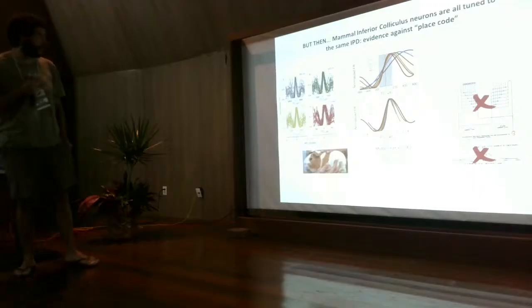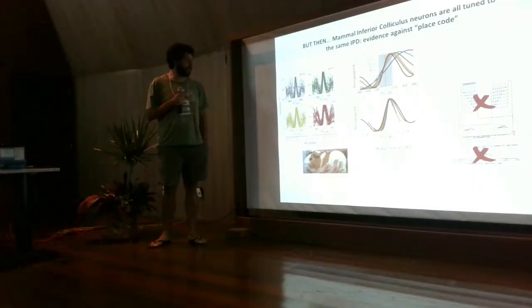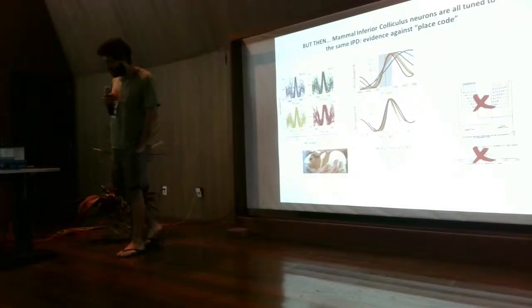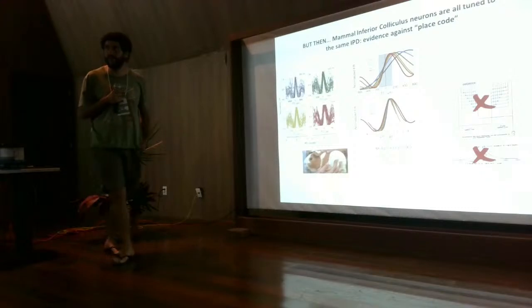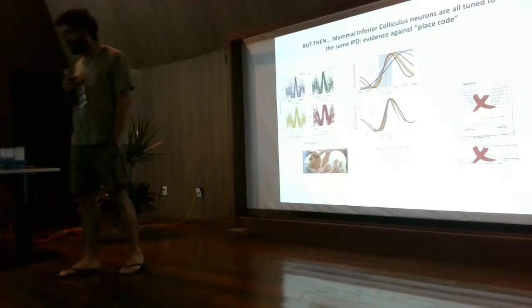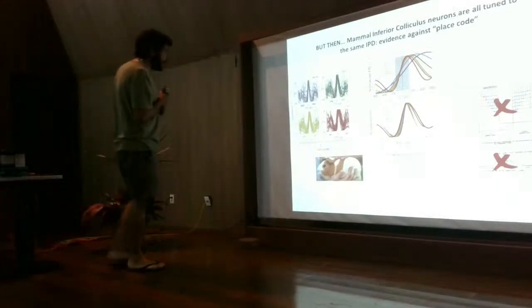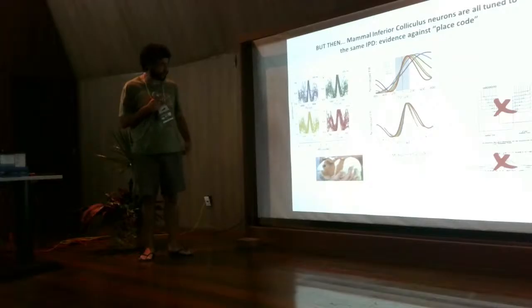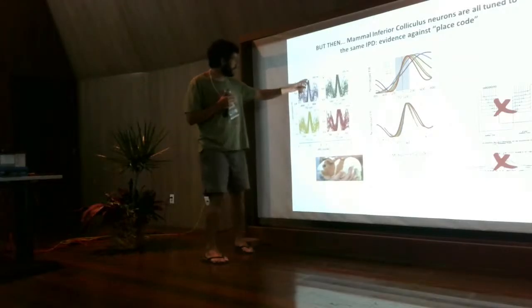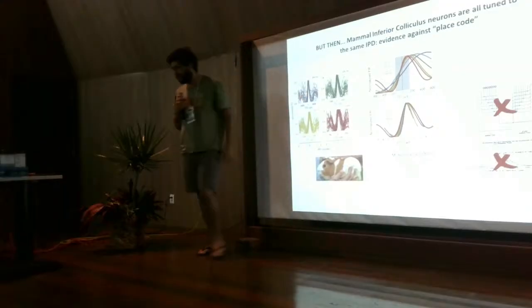So a group from McAlpine recorded in guinea pigs, and they also made these recordings in gerbils, which is another rodent. And what they see is that when you record in the colliculus or the MSO, all the cells here, each line is a different cell, a different neuron, right?